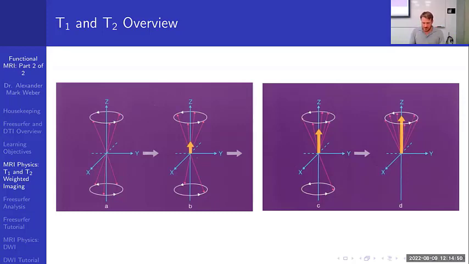Longitudinal magnetization is different and independent of transverse magnetization. In this example on the left, we've applied this 90-degree pulse, and so now we have the same amount of spins pointing up and down. They've canceled each other out. We have no net longitudinal magnetization.